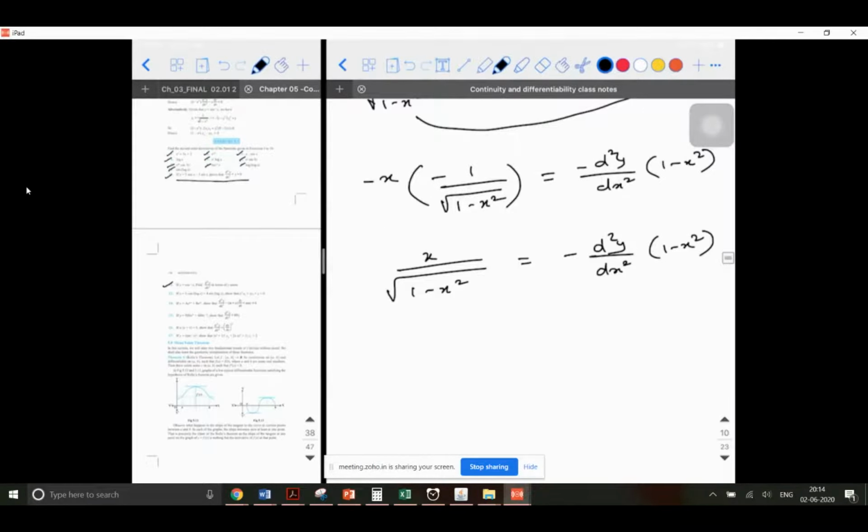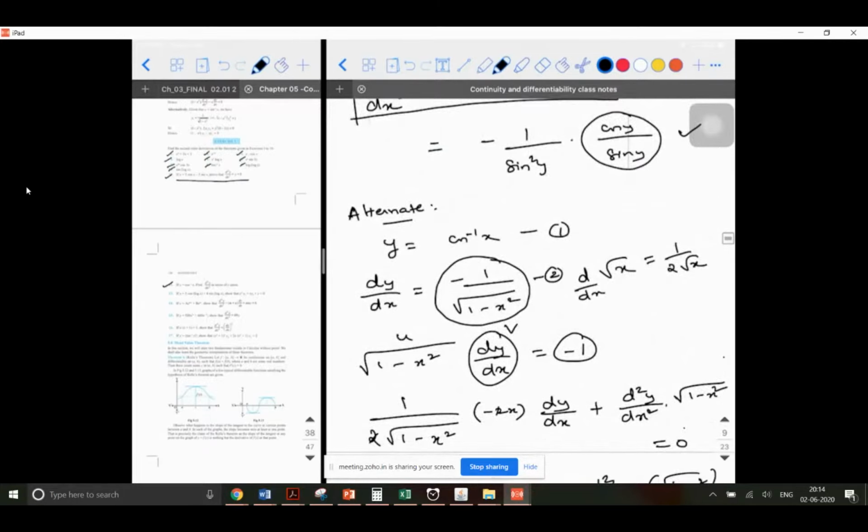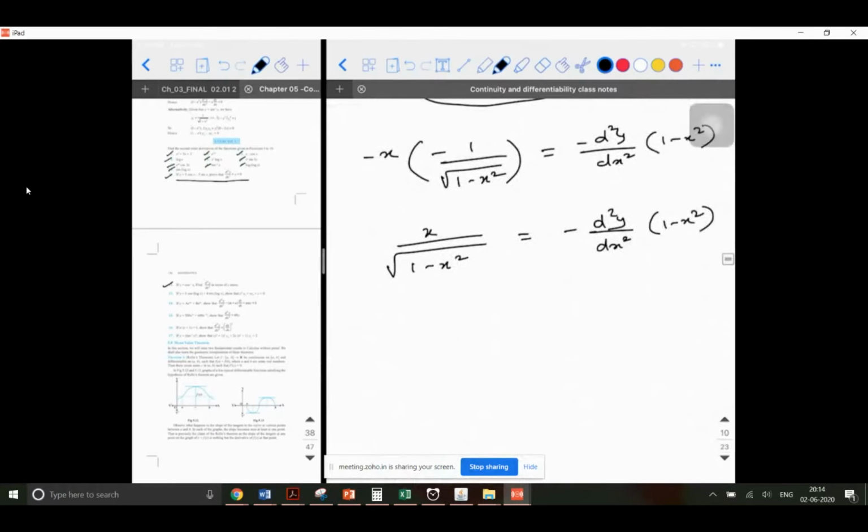Now what can we do? Since the answer is expected in terms of y, what is the value of x according to the question? y is equal to cos inverse x, so x will be, anyone? Cos y, obviously cos y. So cos y divided by root of 1 minus cos square y is equal to minus d square y by dx square into 1 minus, in the place of x square I can write cos square y.